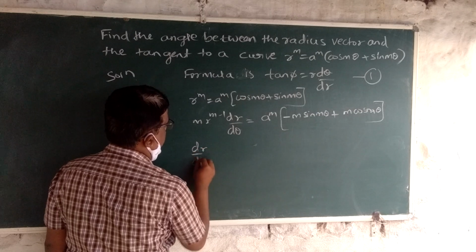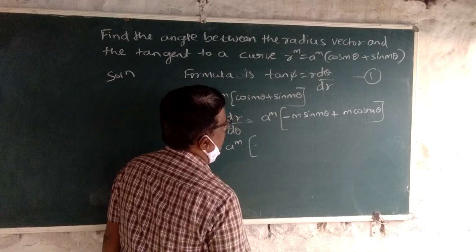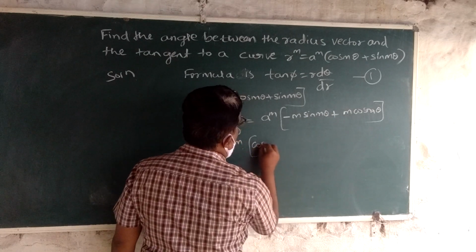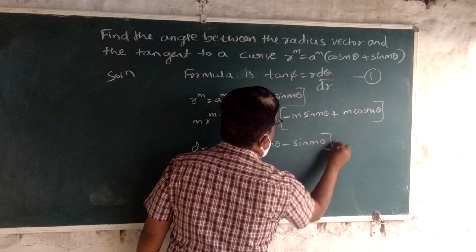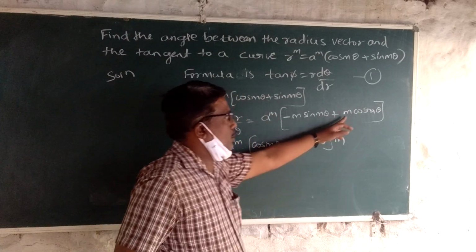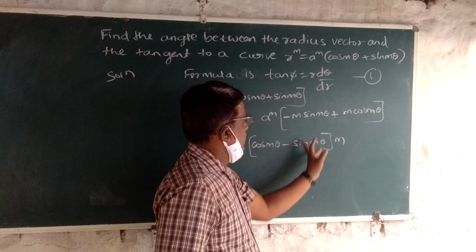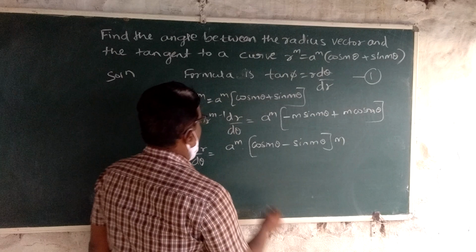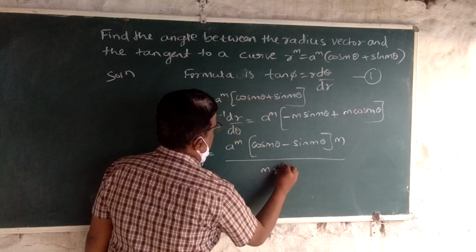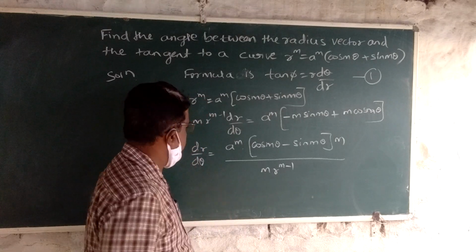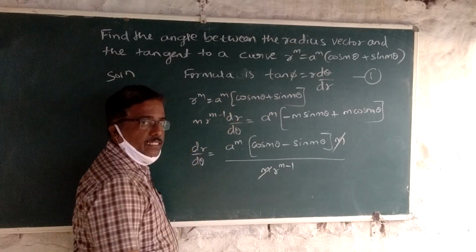So dr by d theta is equal to a^m into a bracket, take m common, and you get cos m theta minus sin m theta. I write the positive quantity first, cos m theta, minus the negative quantity, sin m theta, divided by m r^(m-1). So here m gets cancelled.